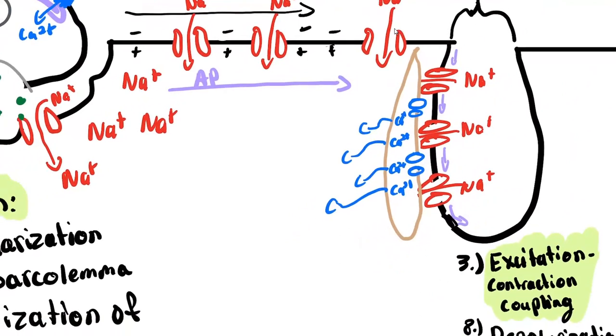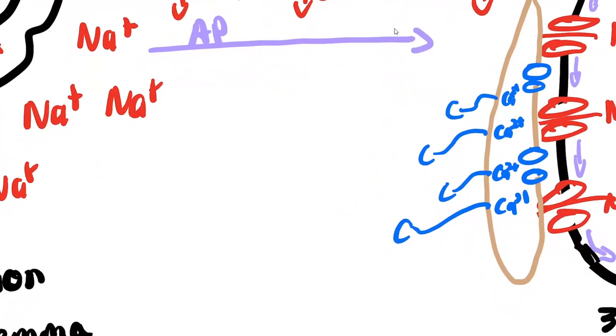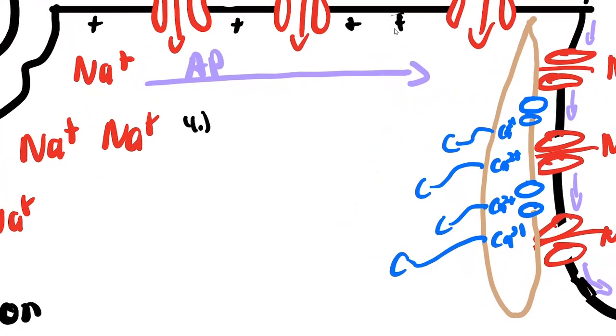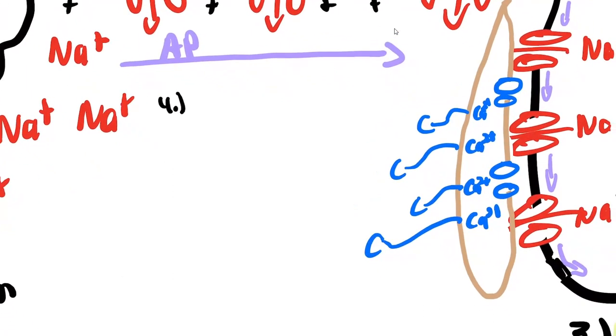And these are going to bind to the troponin. This is the fourth step, or the very last event: cross bridge formation.